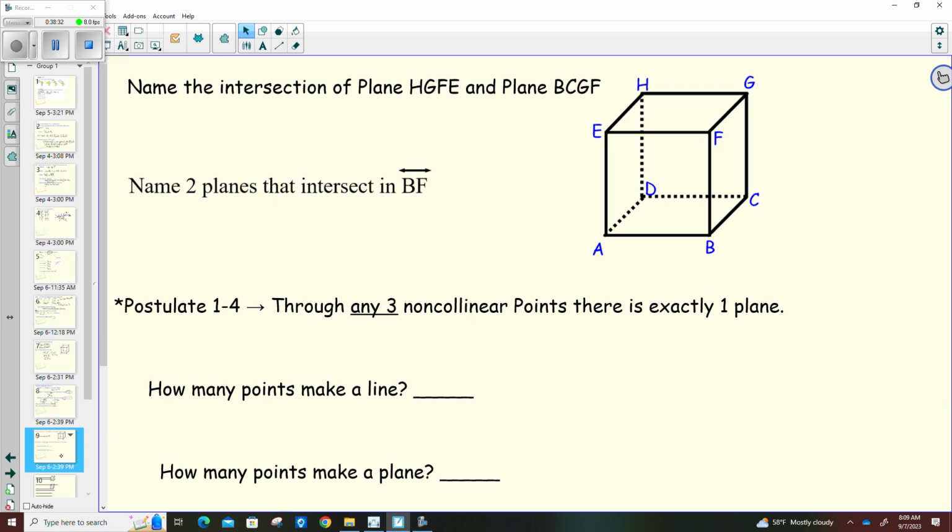What do you got? G and F. With the line symbol over the top.